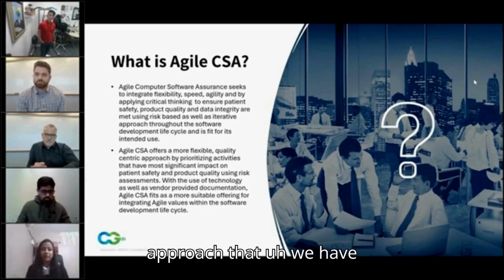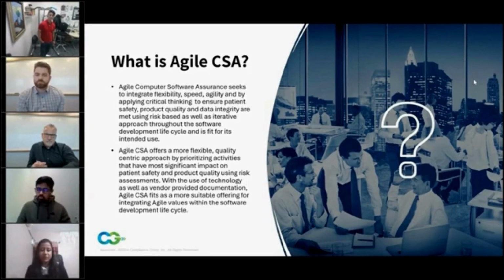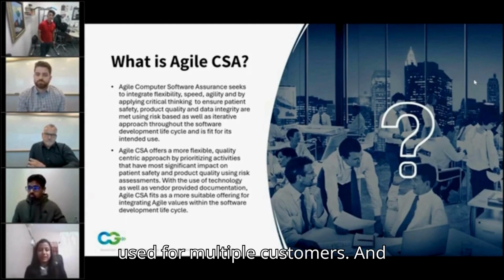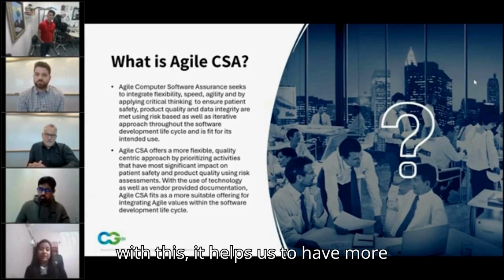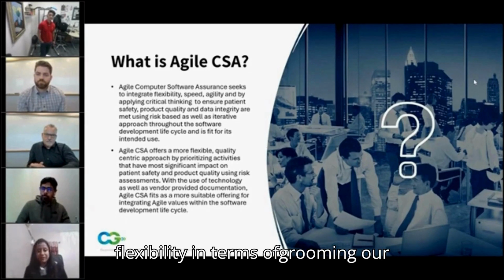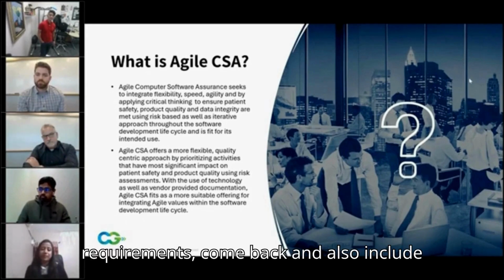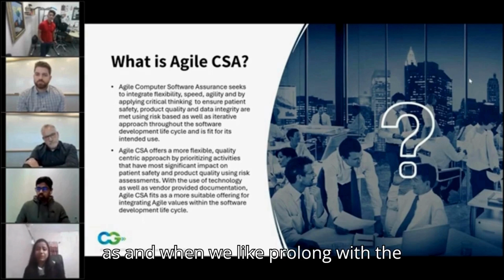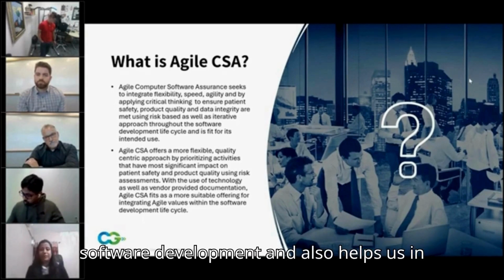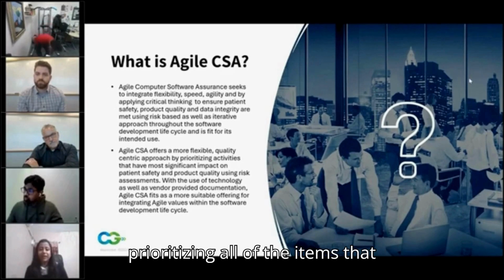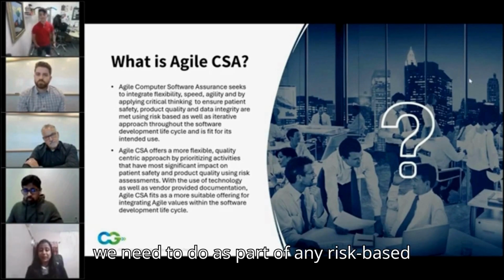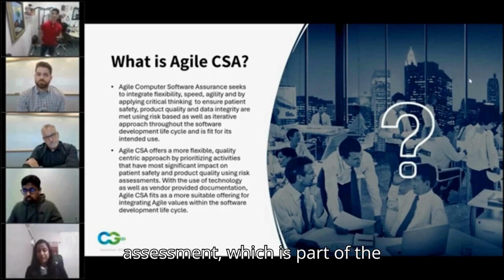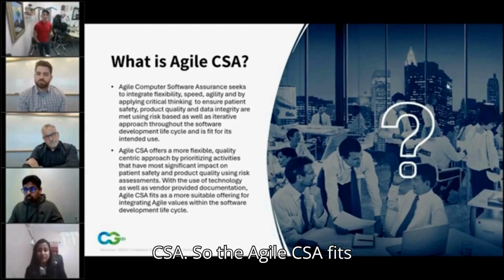That is the approach that we have used for multiple customers, and with this, it helps us to have more flexibility in terms of grooming our requirements, come back and also include any scope creeps that we see as and when we prolong with the software development, and also helps us in prioritizing all of the items that we need to do as part of any risk-based assessment, which is part of the CSA.